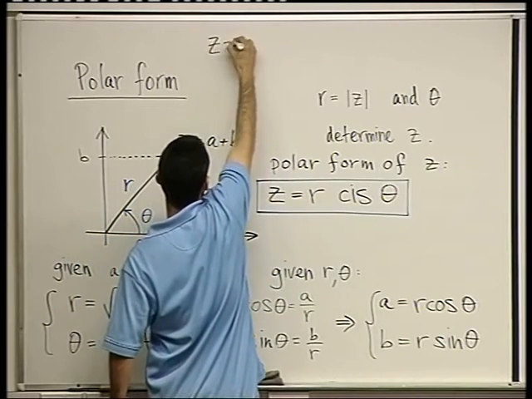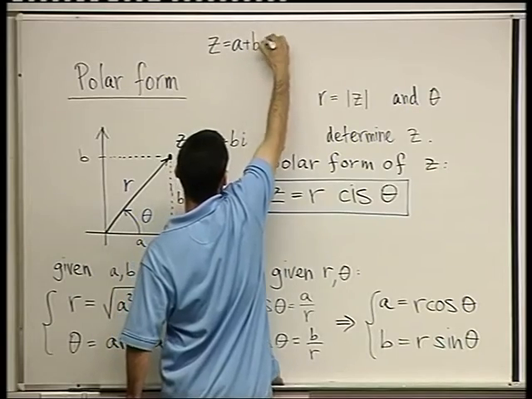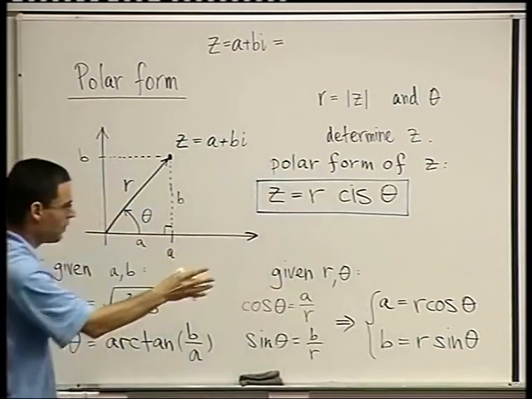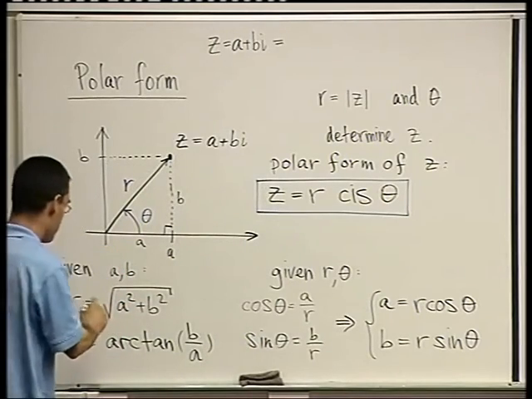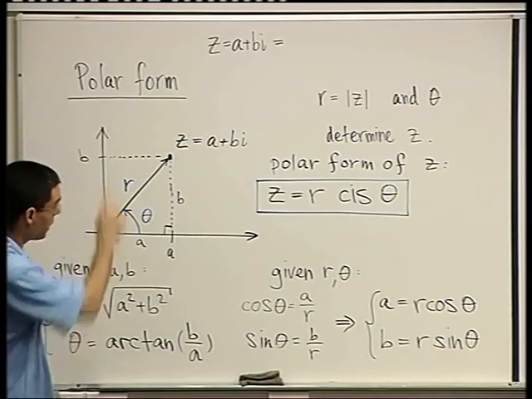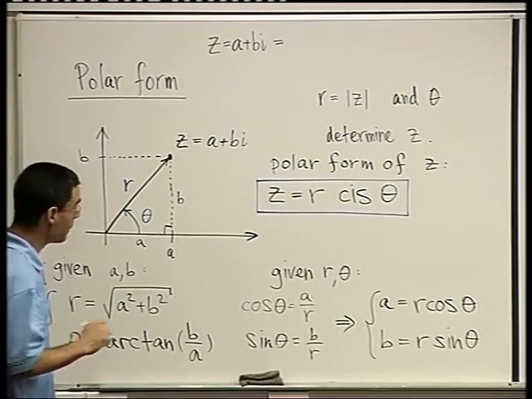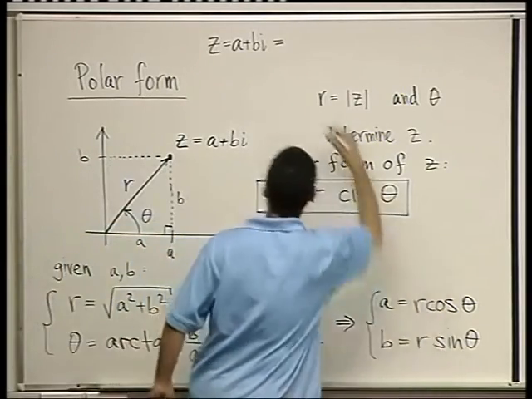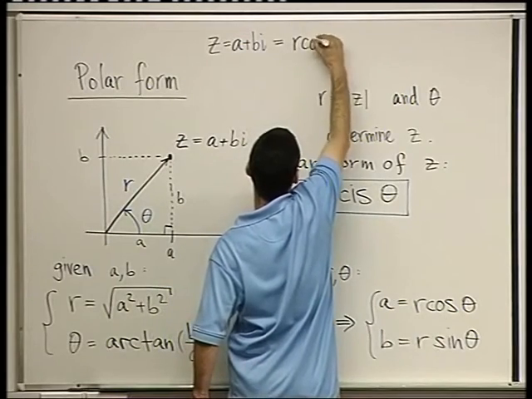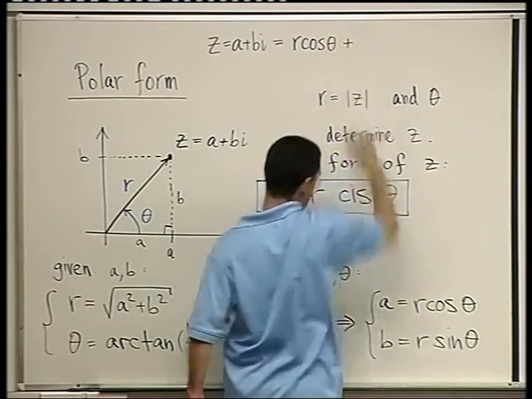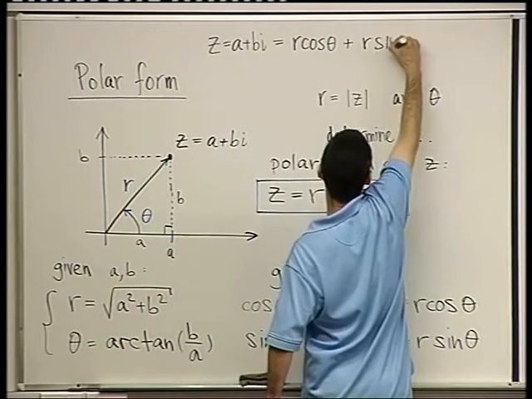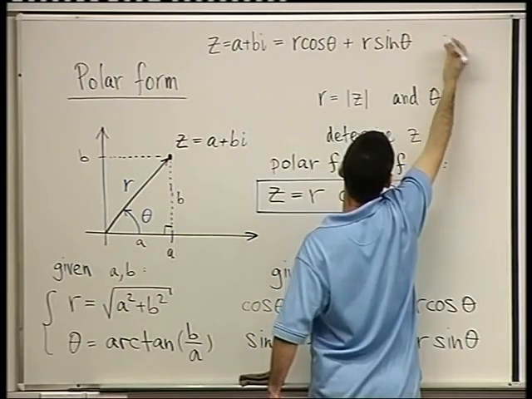If z is a plus bi, a is r cosine of theta, so I'm going to write r cosine of theta, plus b is r sine of theta, r sine of theta times i.